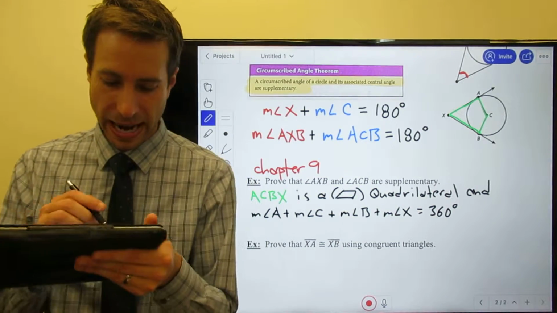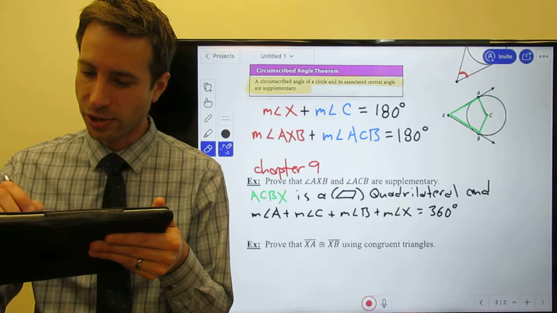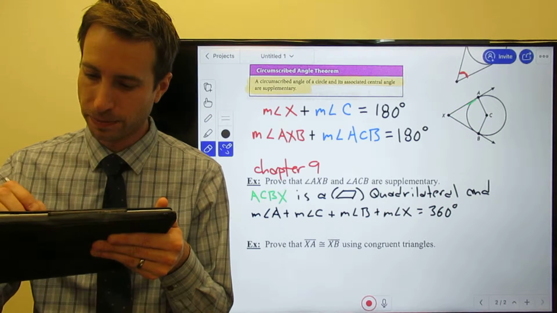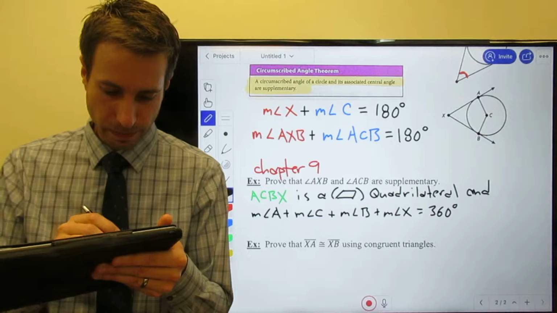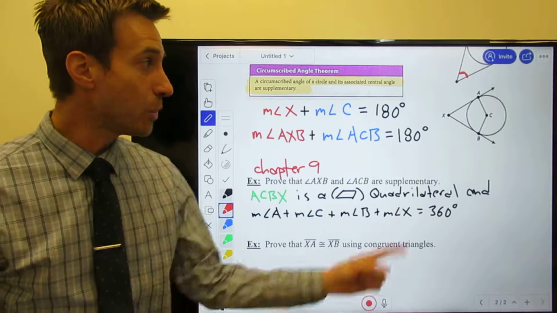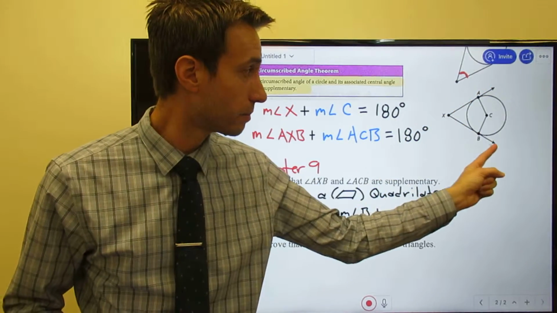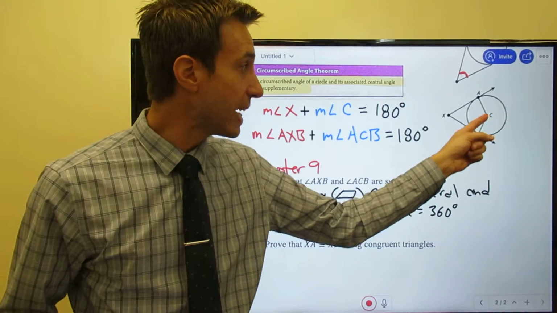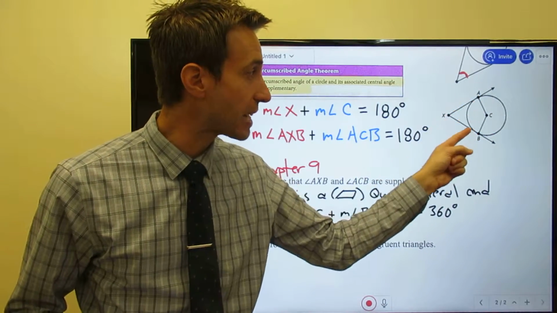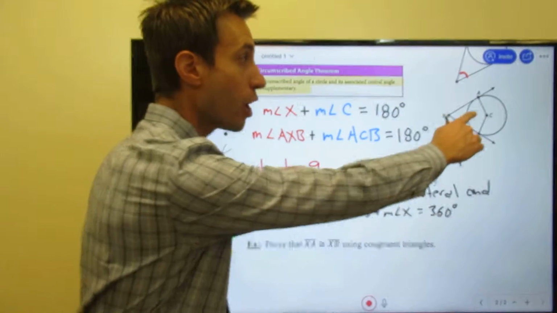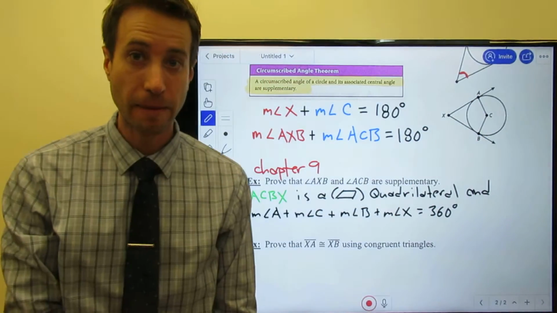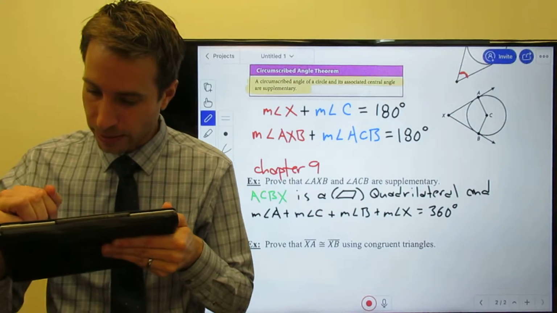Okay, great. Well, hang on a second. We just learned a second ago that when you have tangent lines and radii that intersect the tangent lines at the point of tangency, what do I know about angle A and angle B? I know they're 90 degrees.